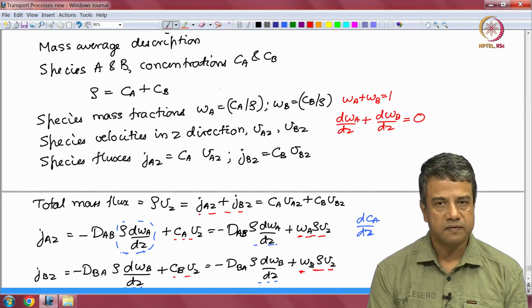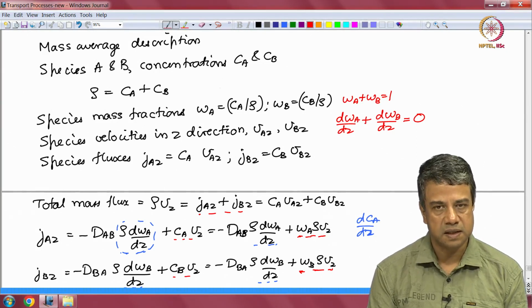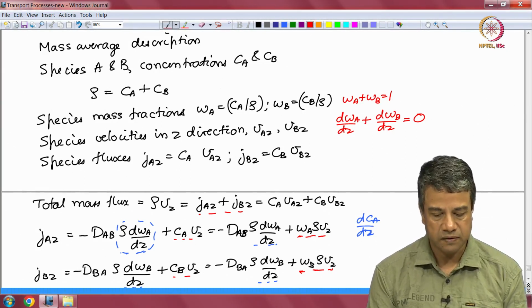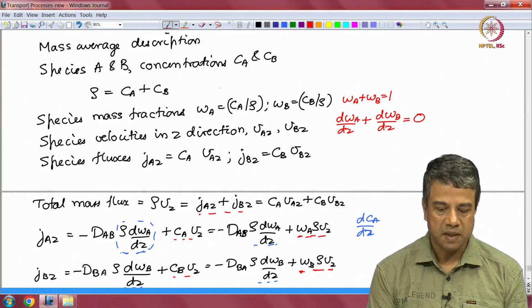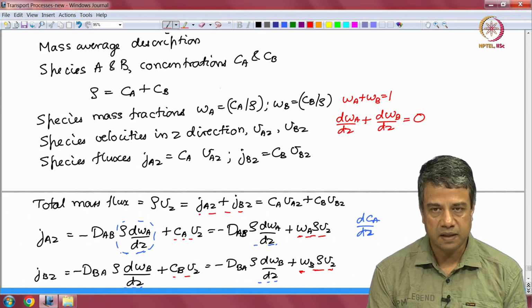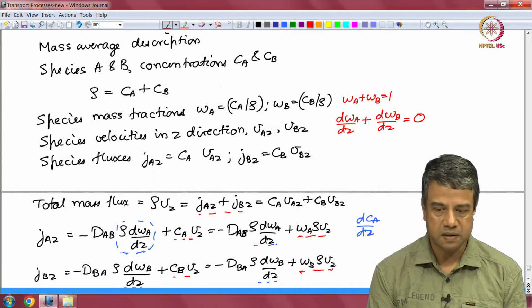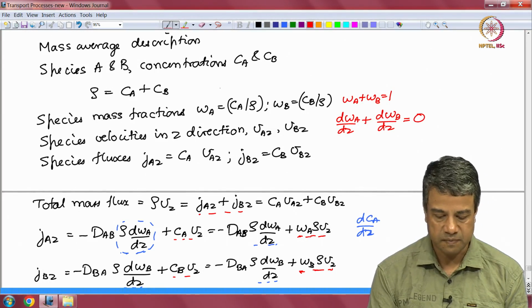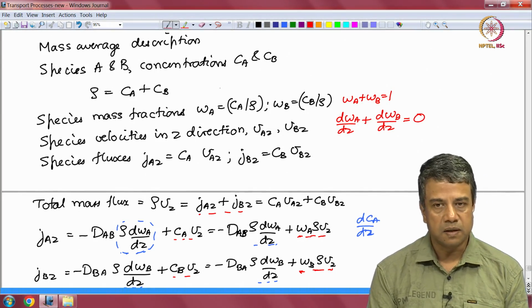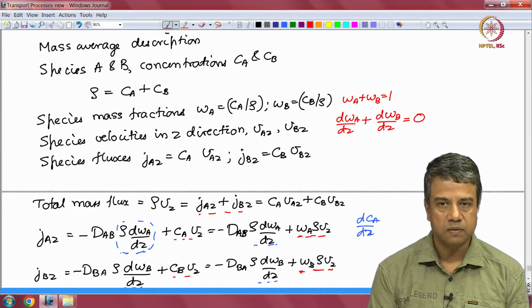The species average velocities in the z direction, say, are Vaz and Vbz. Mass flux of A is the concentration of A times the species velocity of A. Mass flux of B is the concentration of B times the species velocity of B. Total mass flux is the sum of the two mass fluxes.